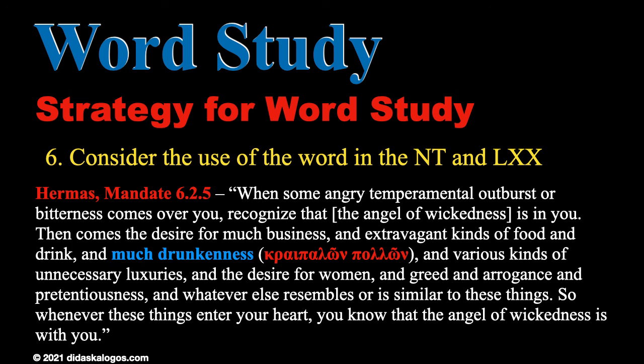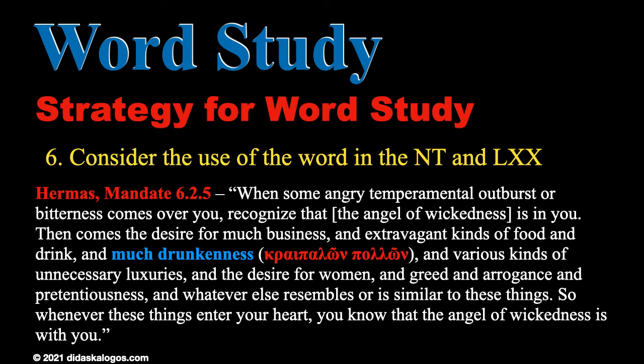When some angry temperamental outburst or bitterness comes over you, recognize that the angel of wickedness is in you. Then comes the desire for much busyness and extravagant kinds of food and drink and much drunkenness and various kinds of unnecessary luxuries and the desire for women and greed and arrogance and pretentiousness and whatever else resembles or is similar to these things.